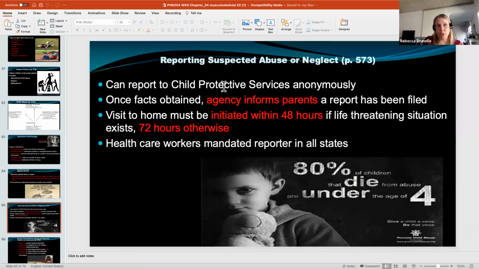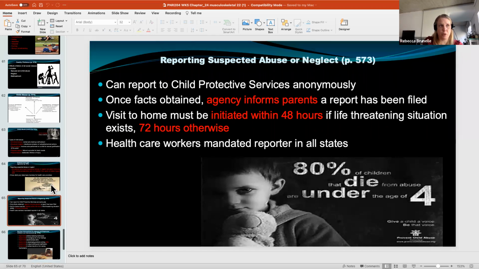Once a report is made to Child Protective Services, they tell the parents that a report's been made, and then they are required to visit the home within 48 hours if there's concern for imminent danger, or 72 on the higher end. And like I said, healthcare workers are mandatory reporters in all states.